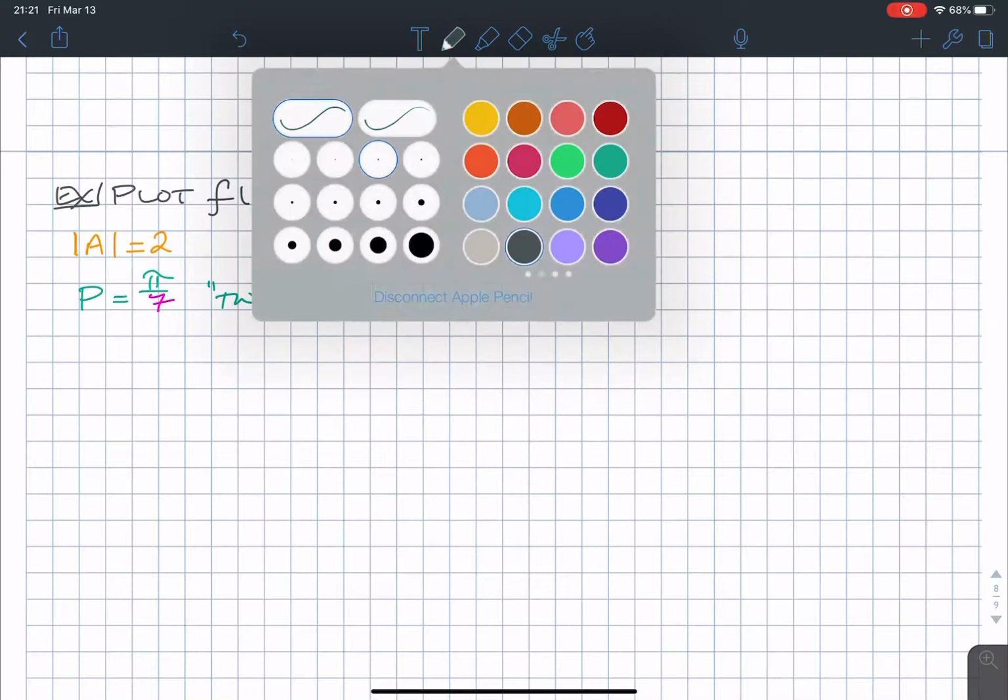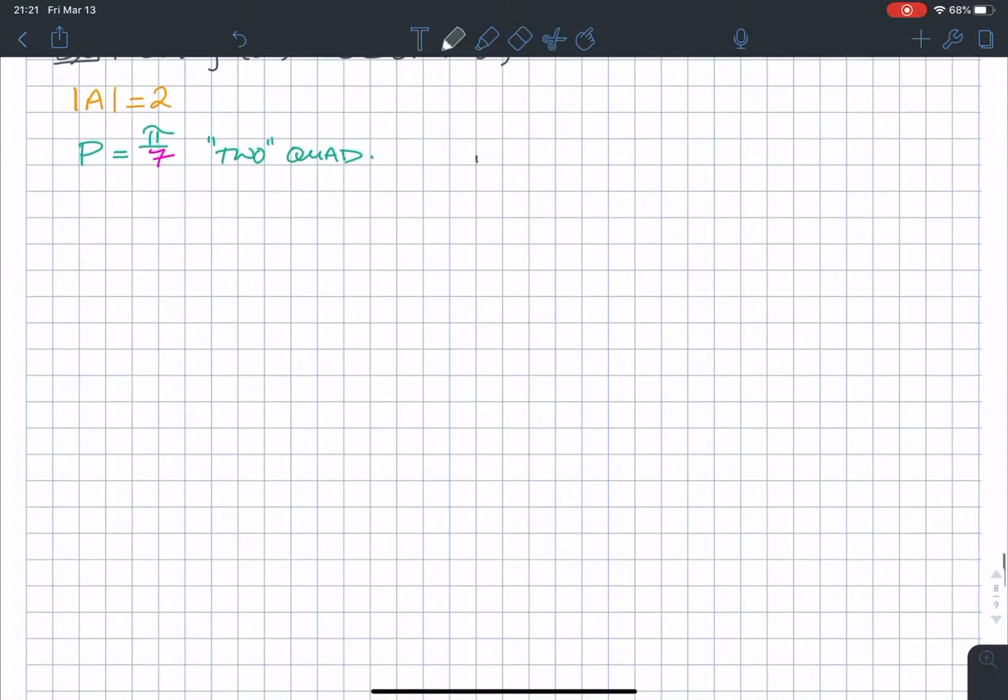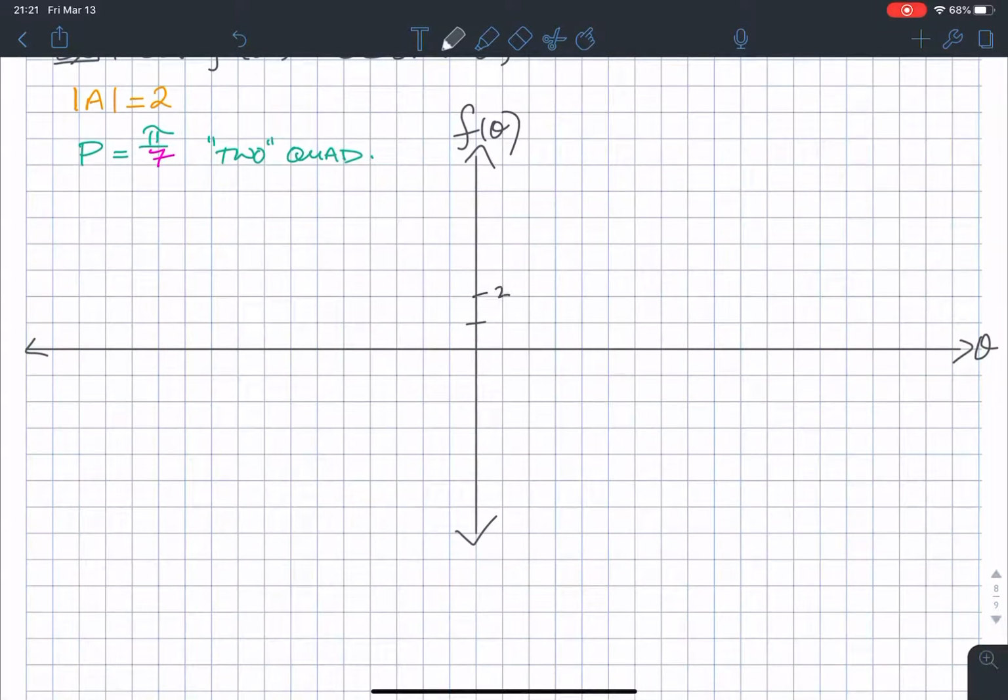Well, let's see. Theta versus f of theta coordinate axes. Okay, so theta and f of theta. Let's go up 1, 2. Let's make them small. Let's do 1, 2, 3, 4 tick marks to the right, and 1, 2, 3, 4 tick marks to the left.